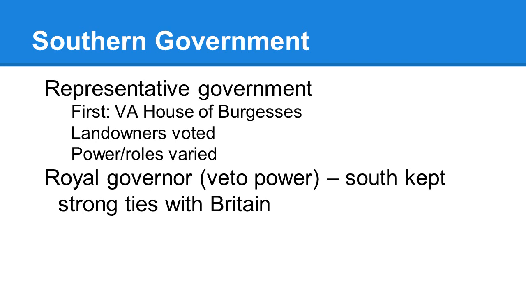Now, of course, they're the ones that are going to get super mad at the crown later, near the Revolution era, but in the early 1700s, there were very strong ties because these original rich guys that started the settlement in the first place got the land from the Crown of England. So they felt a dedication to the Crown of England. Make sure you know that in the South, there were very strong ties with Britain and an allegiance there that's going to last for quite a while.